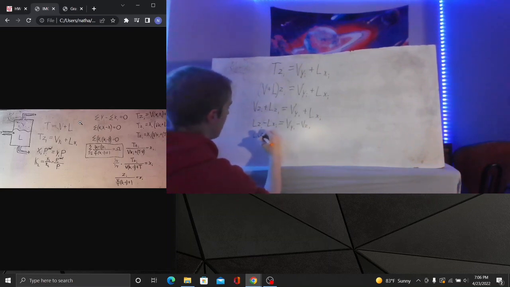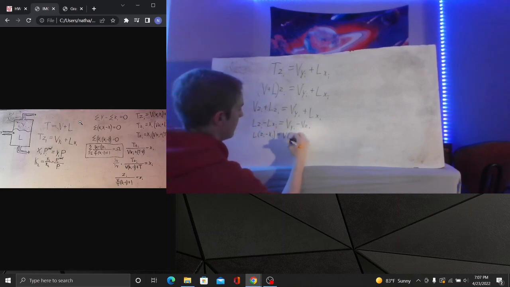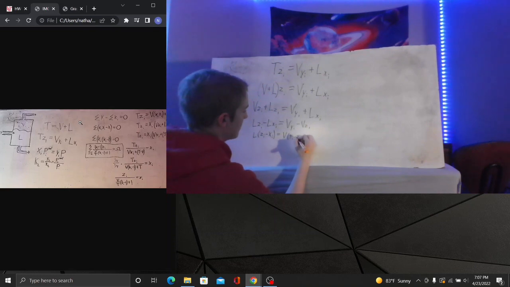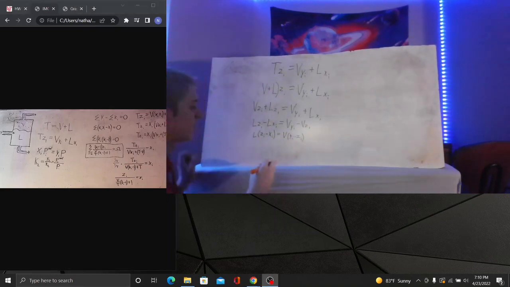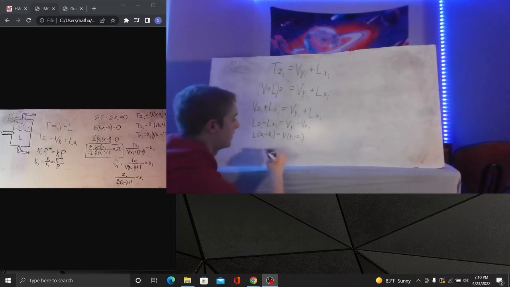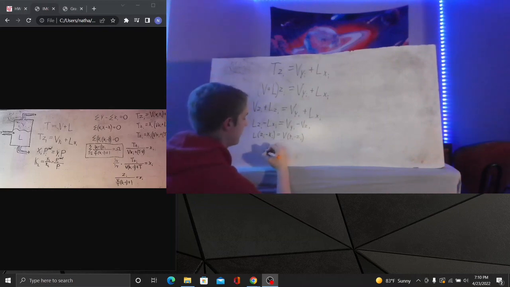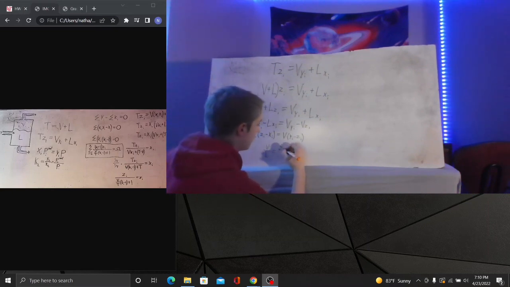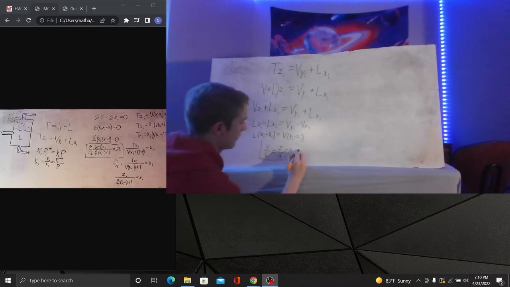So L times Zi minus Xi is equal to V times Yi minus Zi. And now finally we can divide through, so we will get V over L will be equal to Zi minus Xi over Yi minus Zi. And this will be our final Lever rule.